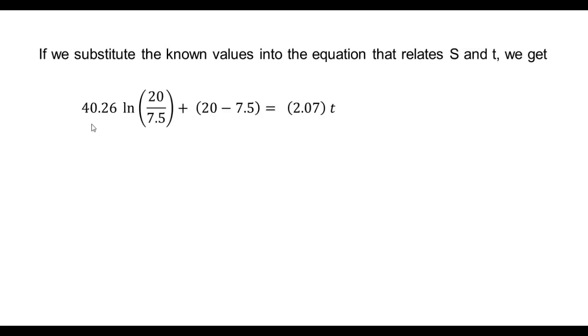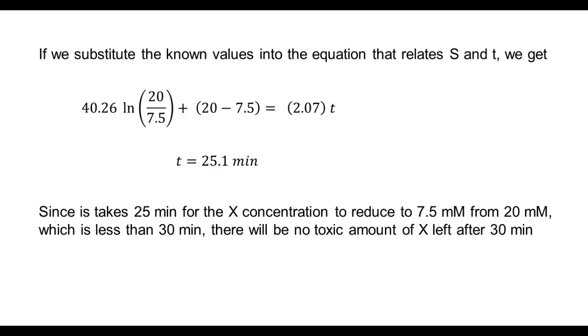If we substitute 40.26 Km ln of 20 by 7.5, the conditions of our interest, the 7.5 millimolar is a lower level. We need to find out the time it takes to reach 7.5. We have substituted the other numbers here, and the time turns out to be 25.1 minutes.